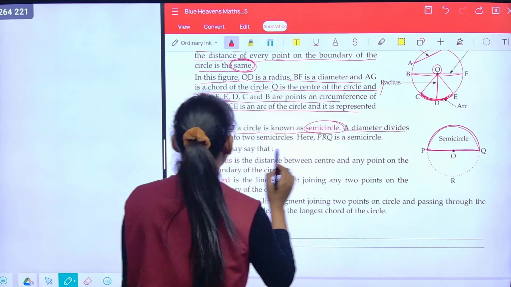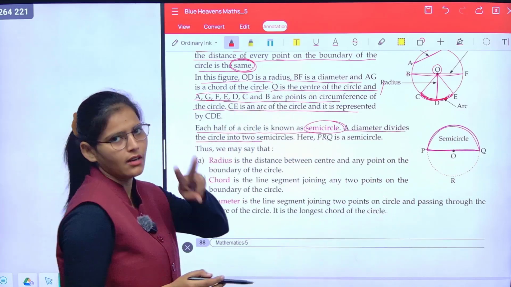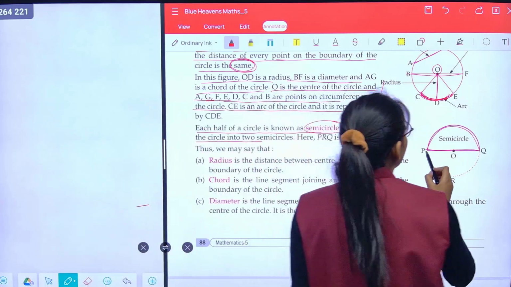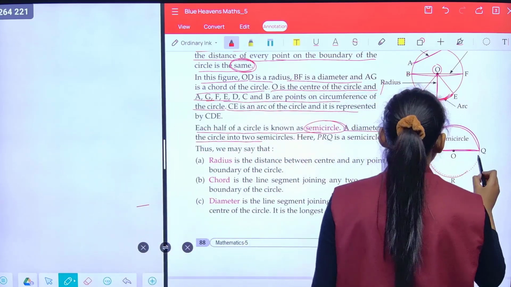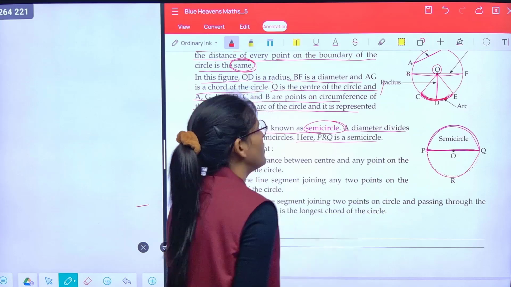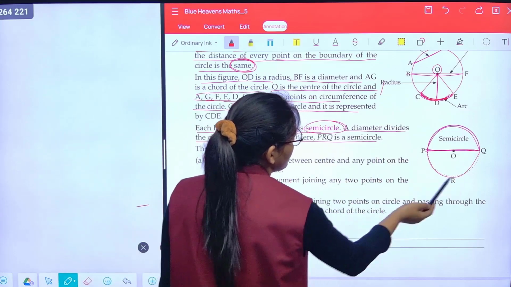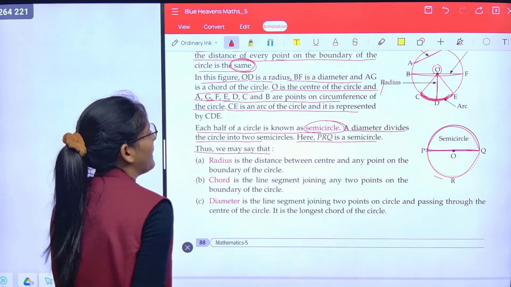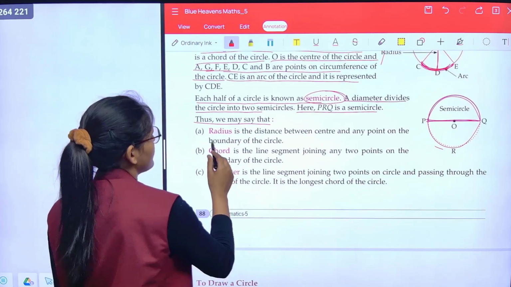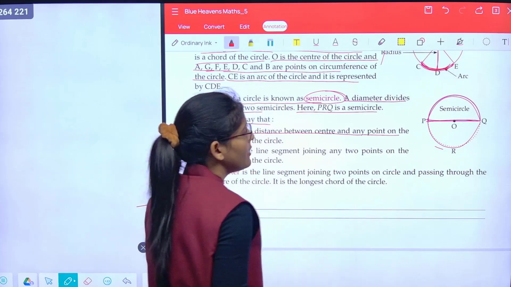A diameter divides the circle into two semicircles. Here PRQ is a semicircle. Thus we may say that radius is the distance between the center and any point on the boundary of the circle.